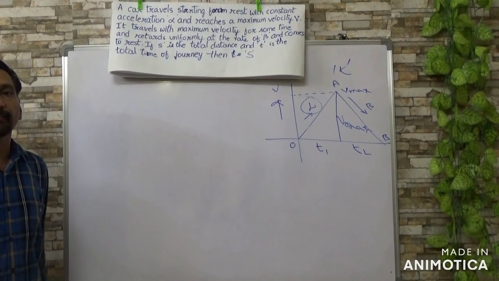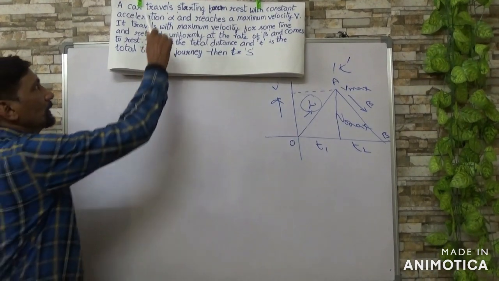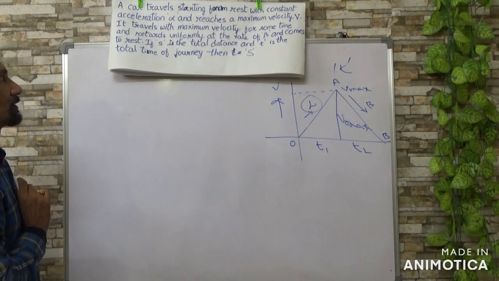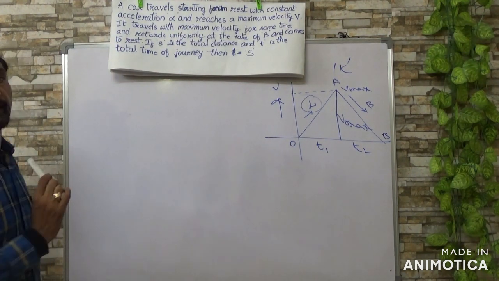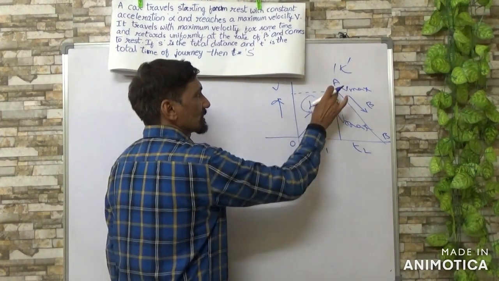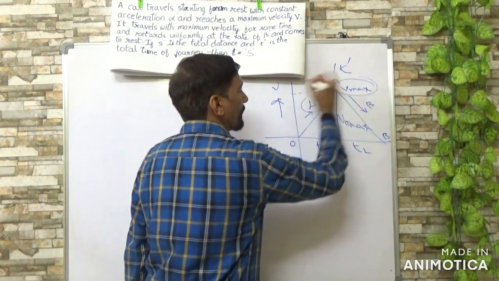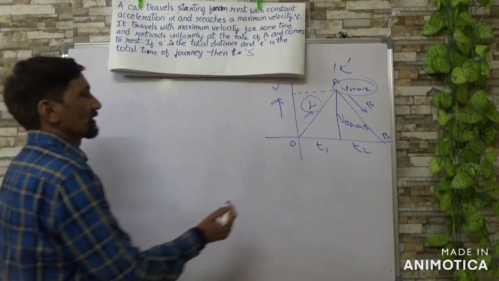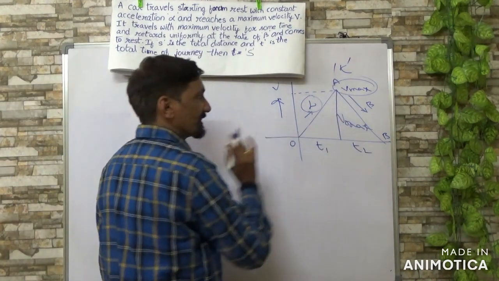Now about the given problem. So there is one car started from rest, with constant acceleration alpha, reaches a maximum value of velocity v. After some time its velocity started decreasing.